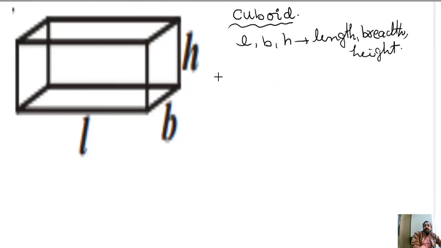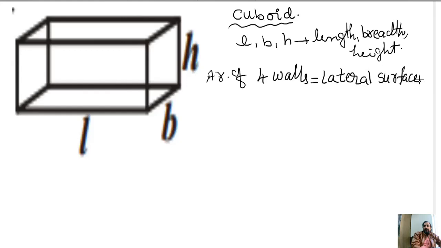Then the area of four walls is nothing but the lateral surface area. Lateral surface area is 2 into H into (L plus B), that is 2H(L+B).